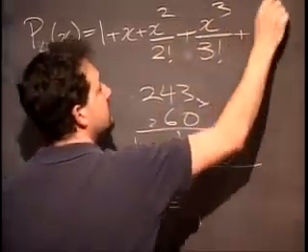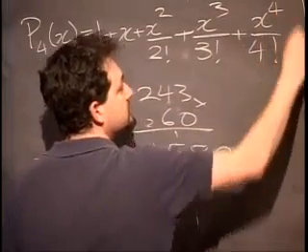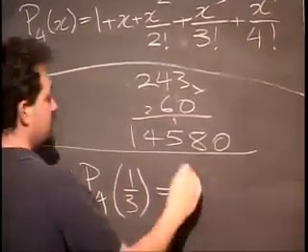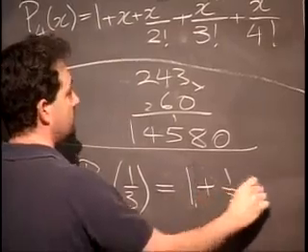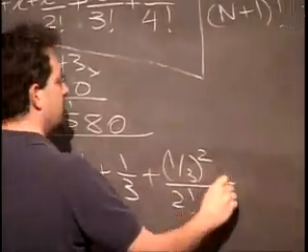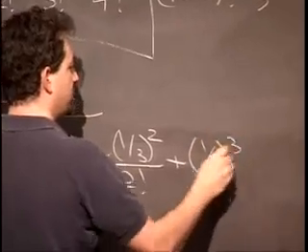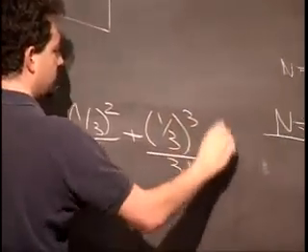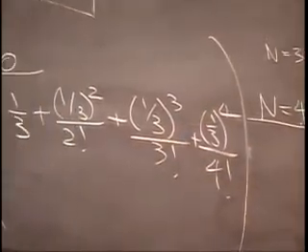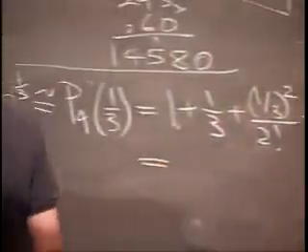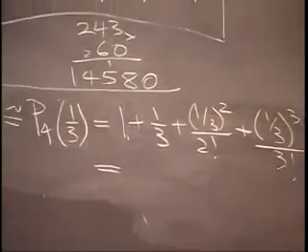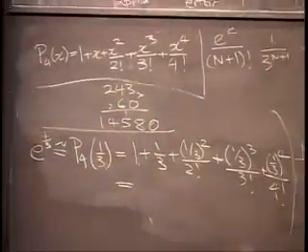We don't need to reinvent the wheel here. So when I plug in a third into this, I get 1 plus a third plus (a third) squared over 2 factorial plus (a third) cubed over 3 factorial plus (a third) to the fourth over 4 factorial. And you can work this out, and I did once upon a time. It's not that bad. What does it work out to be?